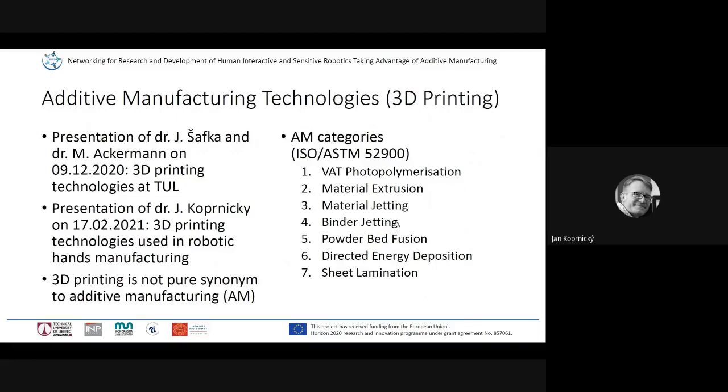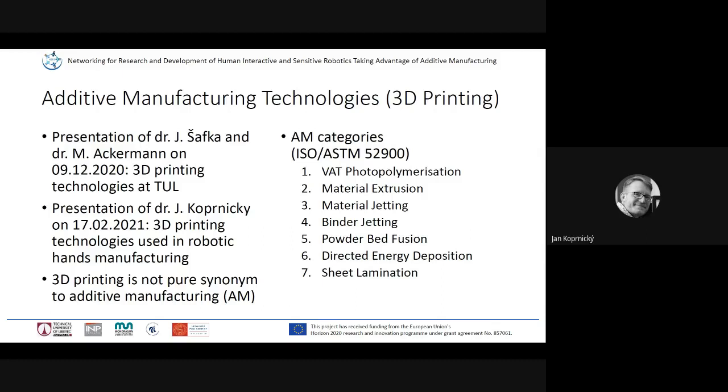Well, I would like to recall previous seminars from my colleagues and me. These seminars were focusing on 3D printing technologies, let's say additive manufacturing technologies, which are situated at the Technical University of Liberec and are applied for different tasks.